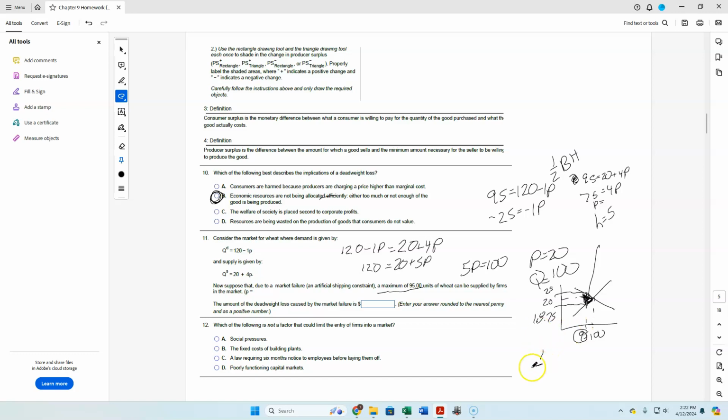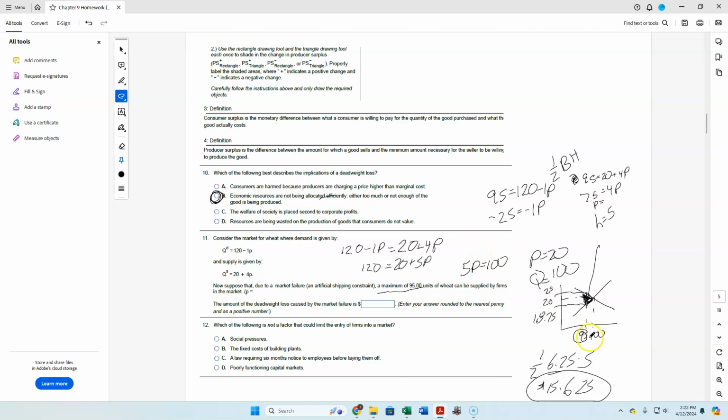So that would be 1/2 times 6.25 times 5. Gives me a number of $15.625 total amount of my deadweight loss.